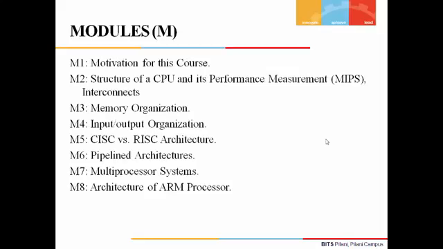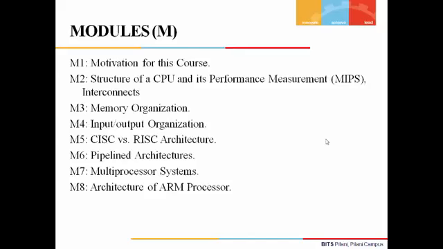Probably till M4, that is till input output organization, you would have known most of these things in your microprocessor course. Once you know these, we need to understand the advanced computer architecture concepts, where RISC comes into the picture. So from M5 onwards, these are more advanced concepts.